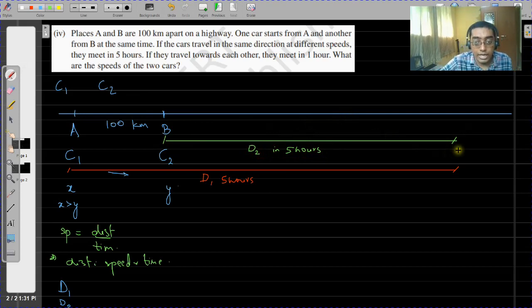So at 5 hours, both the cars meet at this point. Both the cars meet at this point.